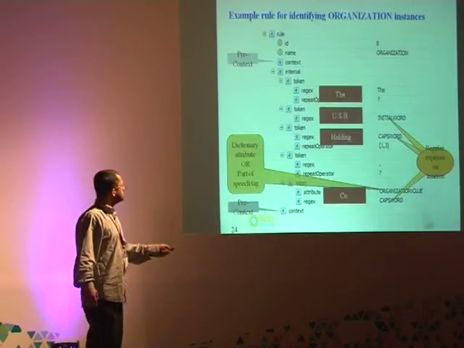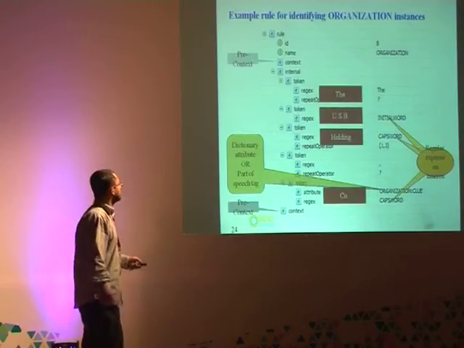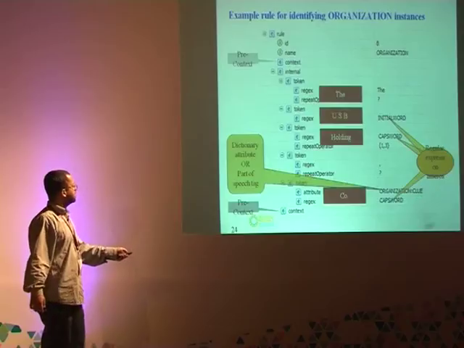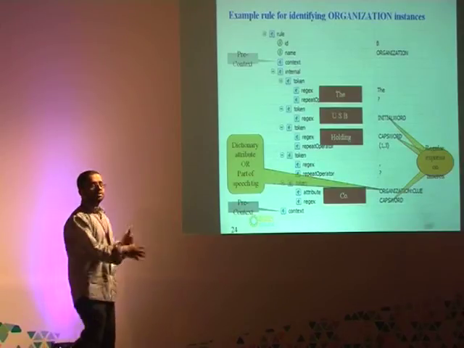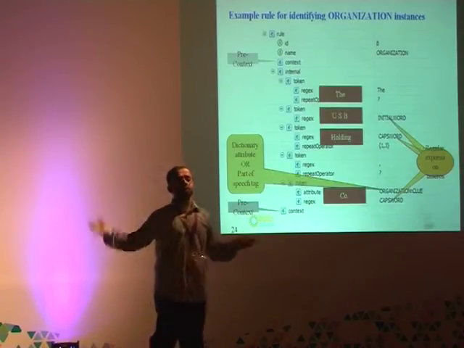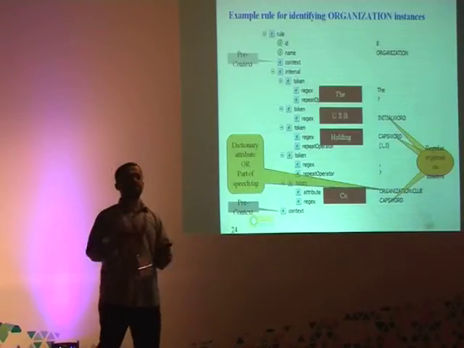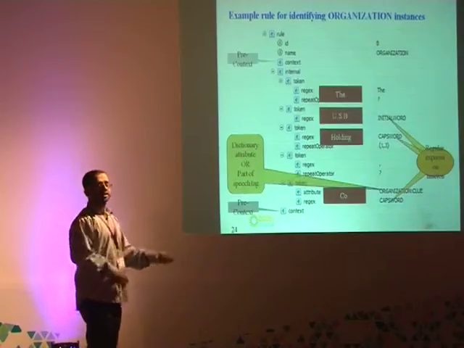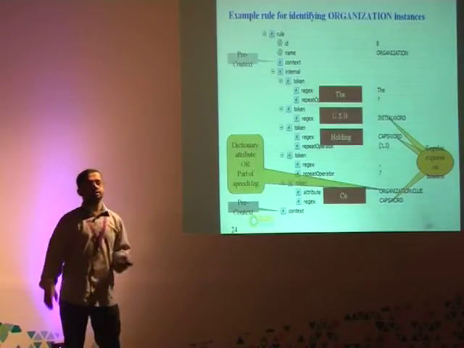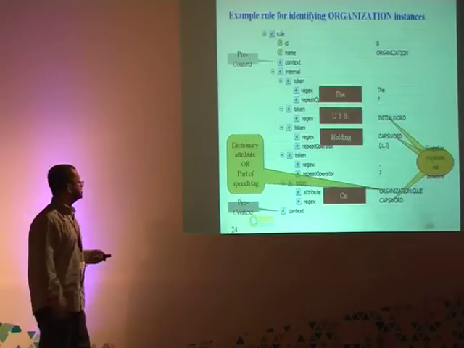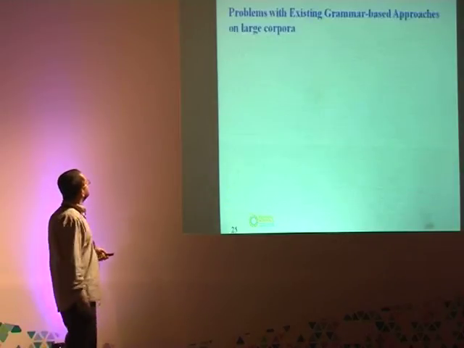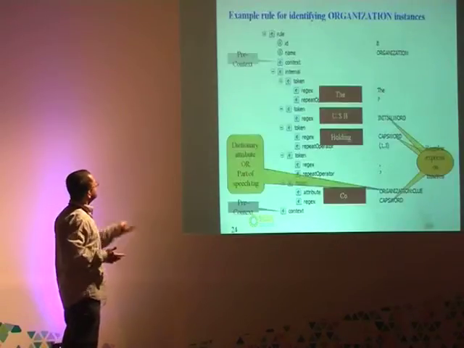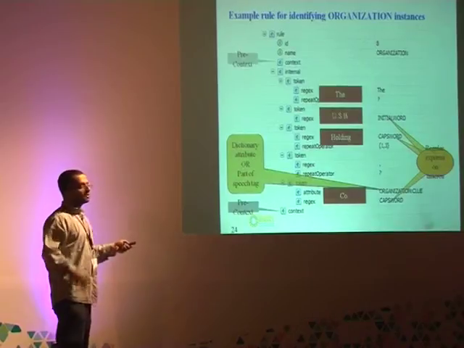In this case, it is a dictionary called Organization Clue Dictionary, and it also matched a capitalized word regular expression. So as you can see, it's a sequence of primitives or intersections of primitives: dictionaries, regular expressions, also direct token matches. And in this case, there was no context specified, but you could also have a context.